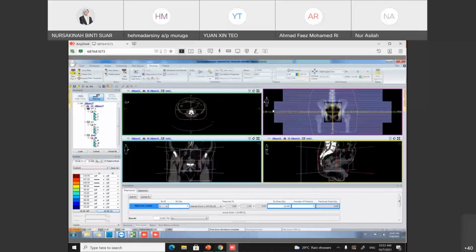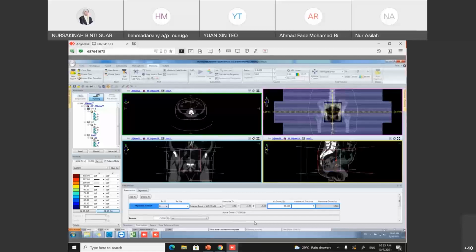This one is just an example for us. So normally for a prostate plan, we will do a 4-beam technique. Unlike just now, we only did a posterior or 2-beam technique at PPA only. So now we are moving from 2 to 4-beam.